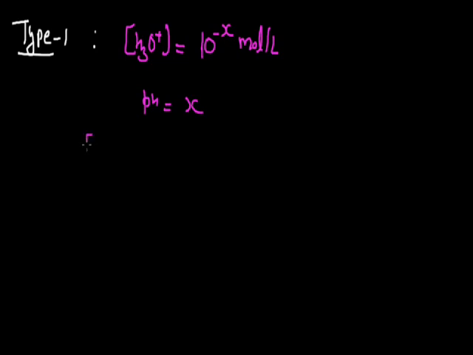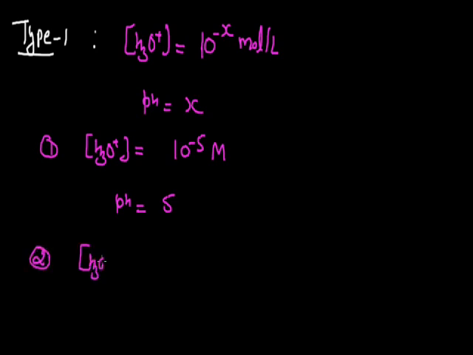Such as, if the concentration of hydronium ion is given to us as 10⁻⁵ mole per liter, then in this condition we can simply write that the pH of the solution will be 5. If I take another one, like if the concentration of hydronium ion is given as 10⁻¹³ mole per liter, then from the pH formula, by taking the log of this, you can calculate the pH, or by the simple trick you can write 13 as the pH.